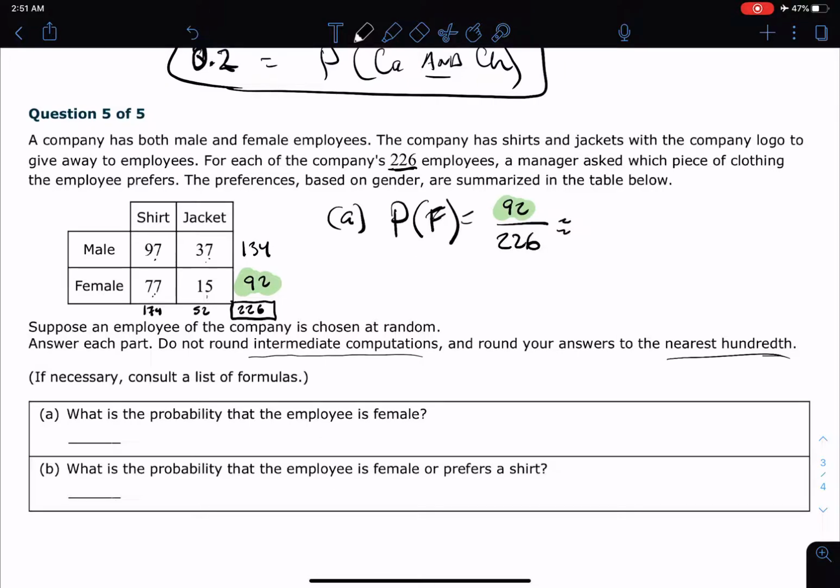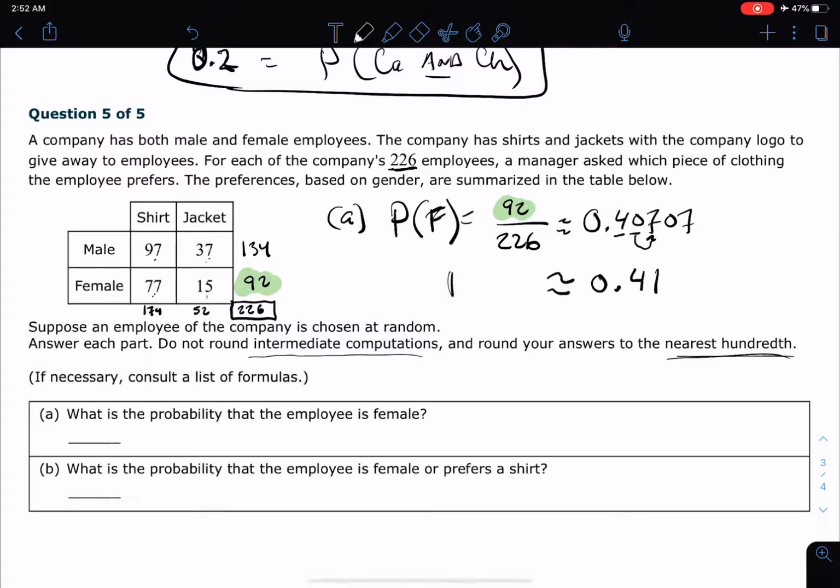We throw that in the calculator, and that gives us approximately 0.40707. They said to round to what? Nearest hundredth. We go over 2 places, which is the hundredths, and it is a 7. So this is going to be approximately, rounded to the nearest hundredth, 0.41.